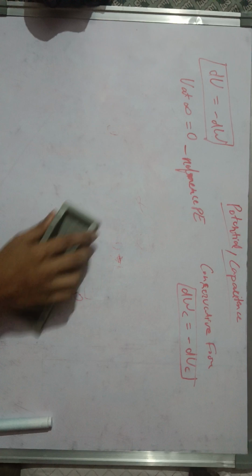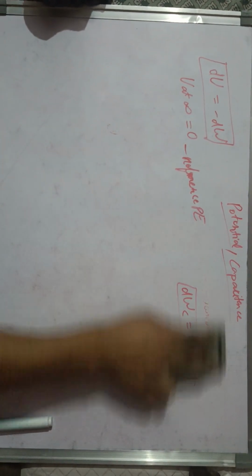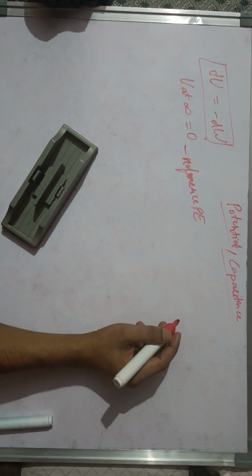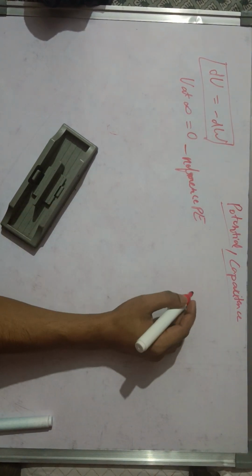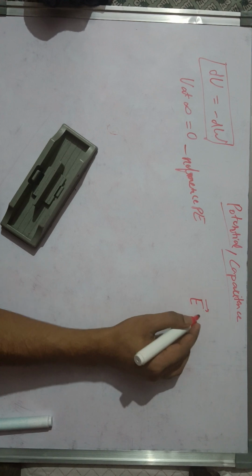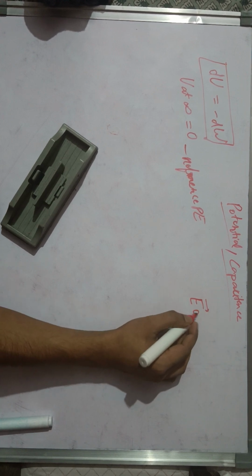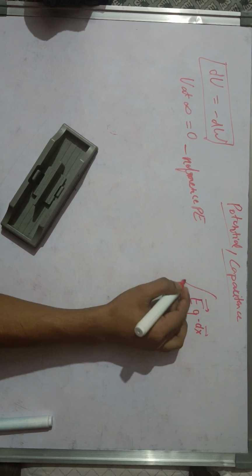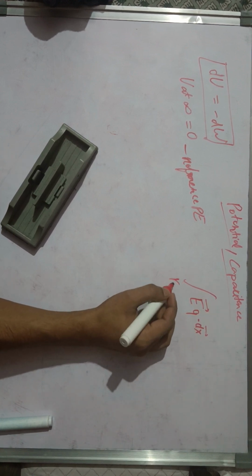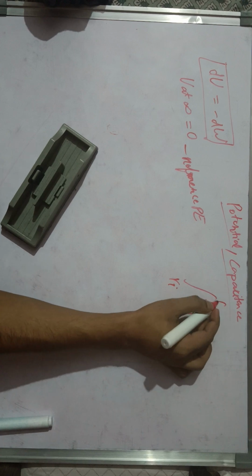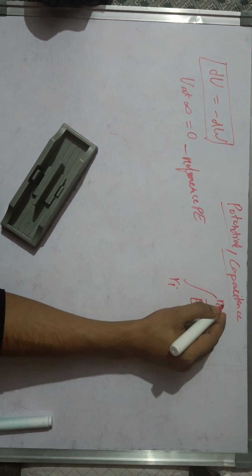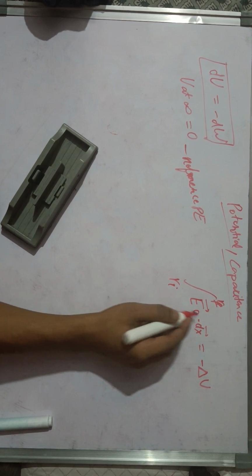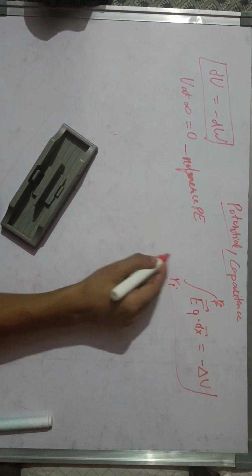Now, if I integrate: let's say there is a charge, the work done by an electric field would be equal to the electric field times the charge q, that is the force, dot dx, integrated from r initial to r final, and that is equal to the negative of delta U, the change in potential energy.